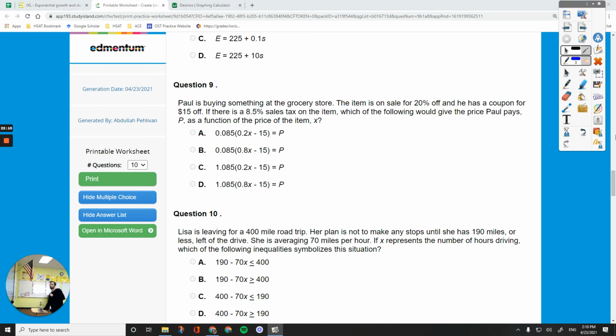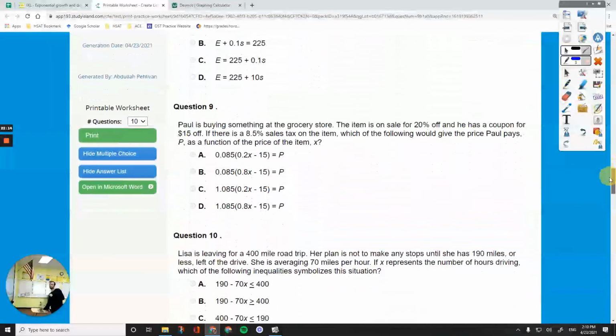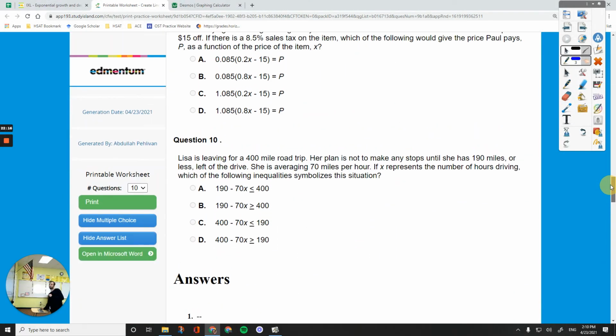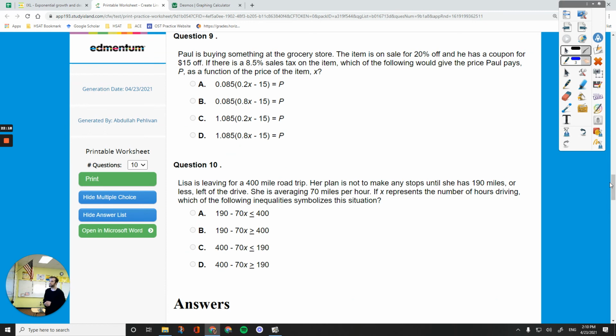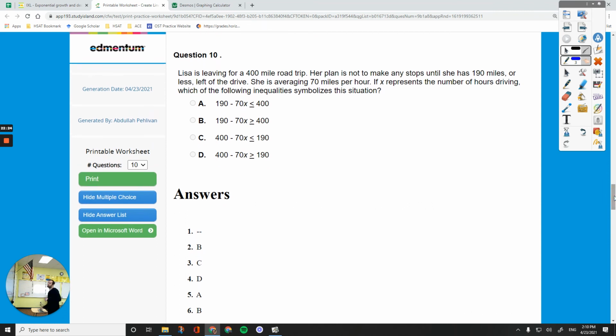Okay, moving on to the last question for the day. Question number 10. Lisa is leaving for a 400-mile road trip. Her plan is not to make any stops until she has 190 miles left of the drive.